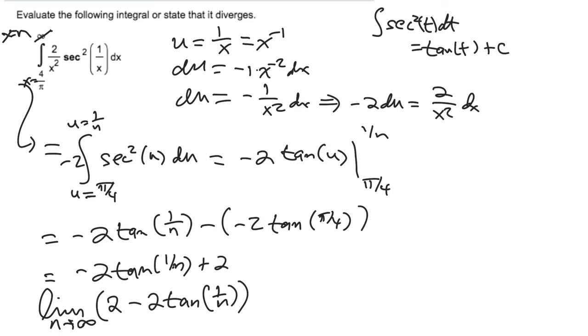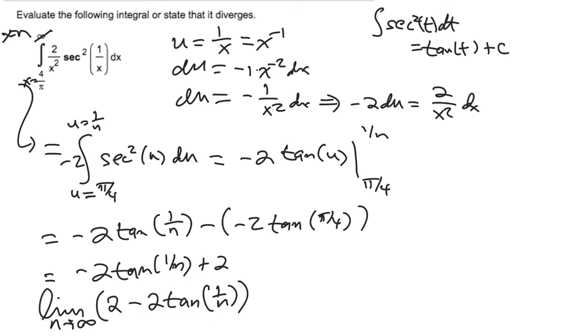Well, we can do a quick analysis here inside the parentheses. As n goes to infinity, we know that this term is going to 0. We know that the tangent of something going to 0 is going to the tangent of 0, which is 0. And so 2 times 0 is 0. So all of this stuff is getting closer and closer to 0 just by working my way from the inside out.